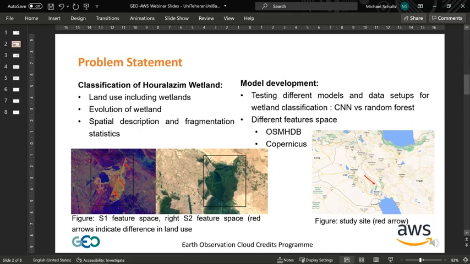We have displayed two feature spaces, Sentinel-1 and Sentinel-2, which display this data. When you have a look at the very left bottom image, the radar data, you can see that this wetland is impacted by different usage characteristics, which is pretty distinct.